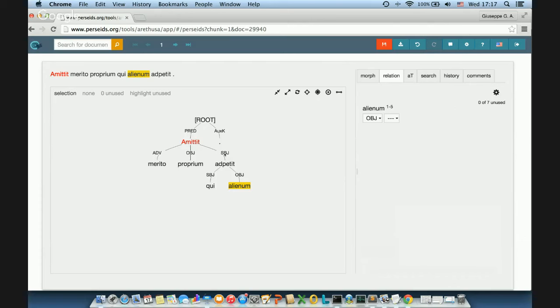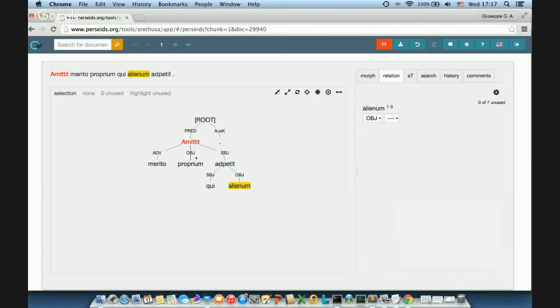Because I started saying that the verb, a finite form verb, determines the structure of a sentence or of a clause, and so it plays a kind of central role within a sentence or within a clause. So this is why we decided that the verb of the relative clause should get the subject label. Okay.